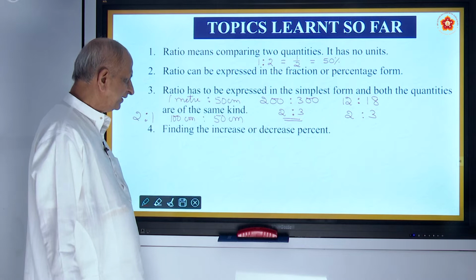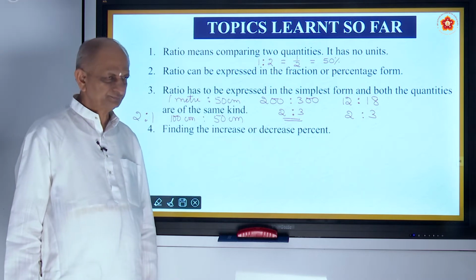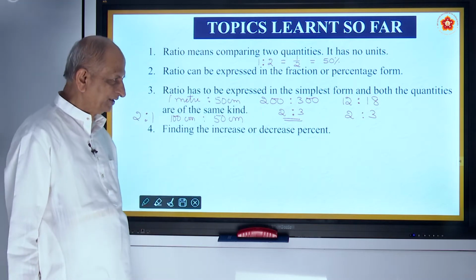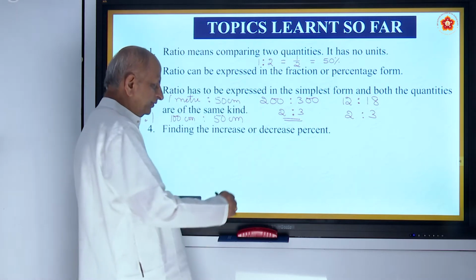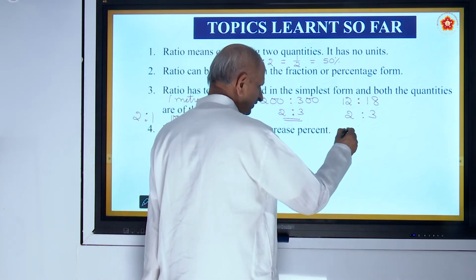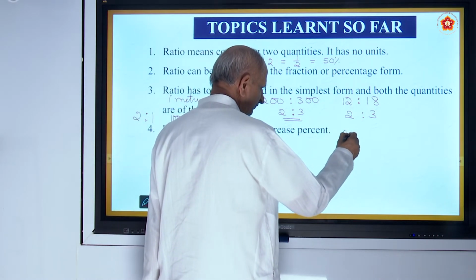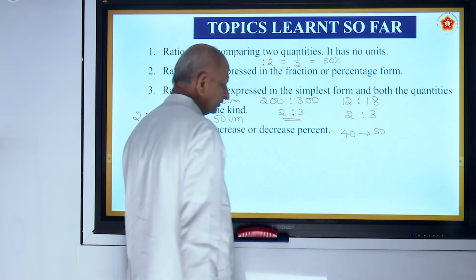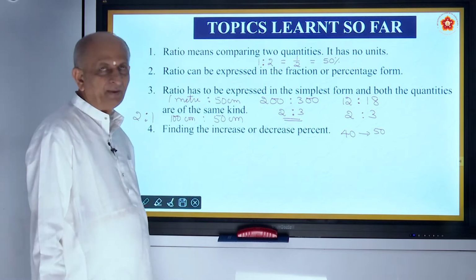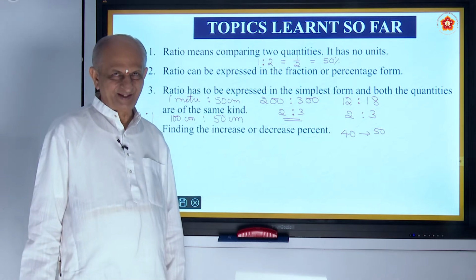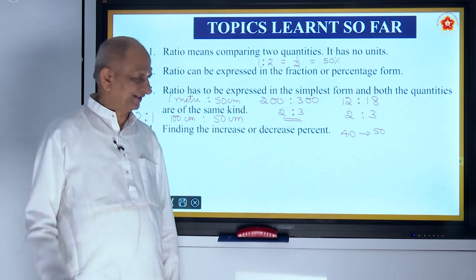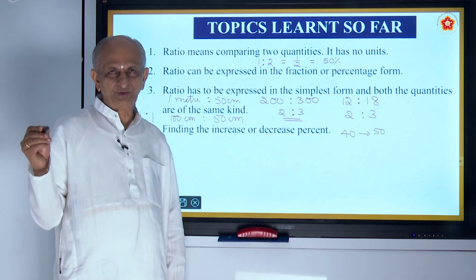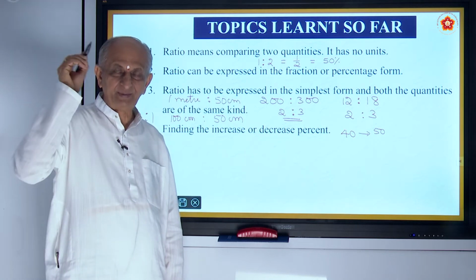Okay, find the increase or decrease percent. For example, in test marks, in the first test one may score a little less. Suppose he gets 40 marks in the first test, and it increases to 50, so there is an increase of 10 marks, correct? Then you have to find out for 100, that is called percentage. Similarly, the value of goods sometimes may increase, sometimes it may decrease.